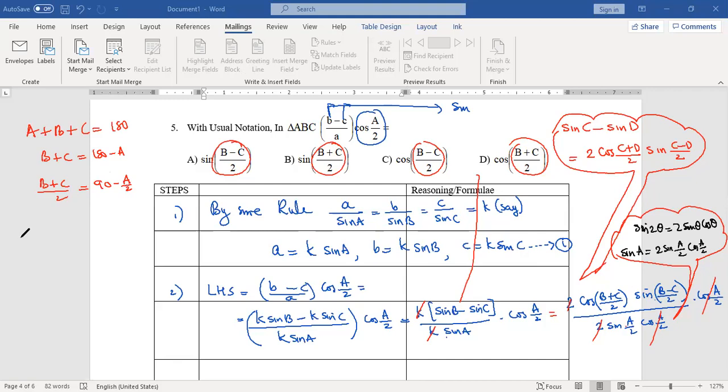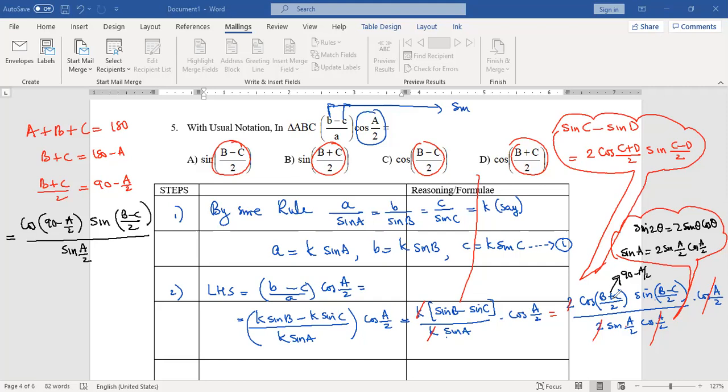Since I don't have space there, I'm continuing here. Cos of (90 minus a by 2) into sine (b minus c) by 2, divided by sine a by 2. Everybody agree with what I've written? Yes. In place of (b plus c) by 2, I put 90 minus a by 2.